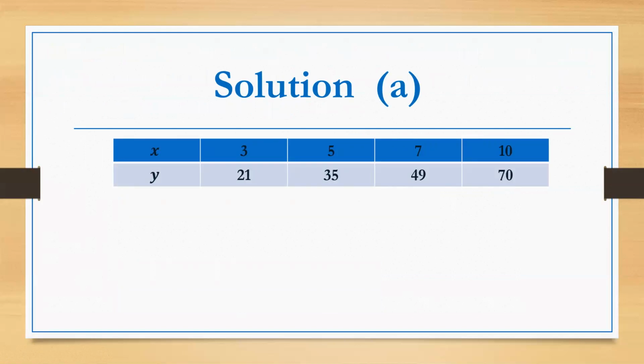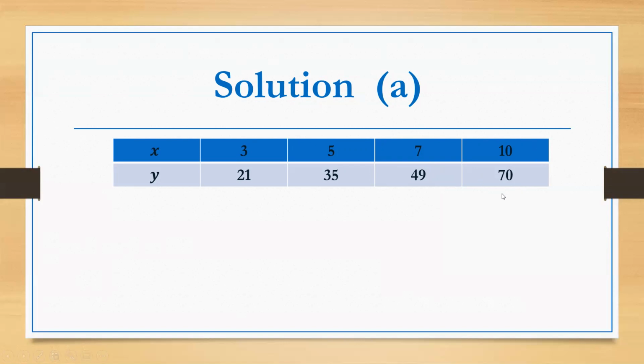Let us find the value of y over x for each of these columns. So y over x here will be 21 over 3, which is 7. For the next column, we will have 35 over 5, which is 7. Here, 49 over 7, which is 7.